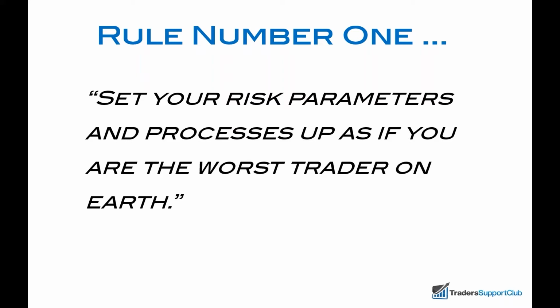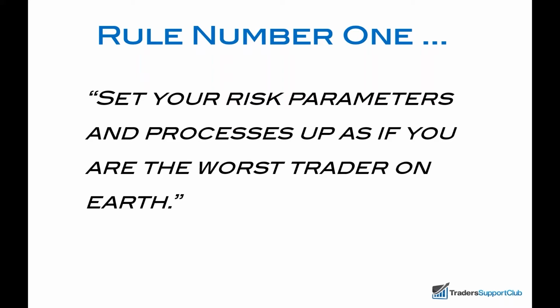You're looking at a win-loss ratio of 65%, a risk to reward average of 2.5 to 1. Even if the stats and the numbers show that the strategy is good and successful, set your risk parameters up as if it was the worst strategy and you're going to be the worst trader.